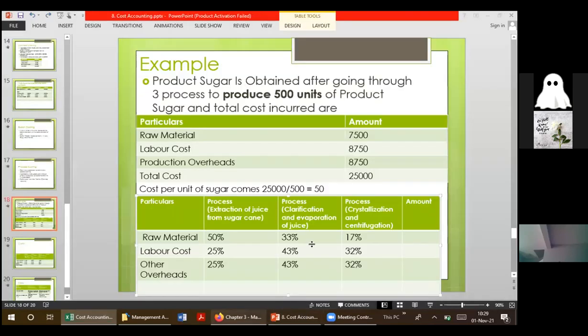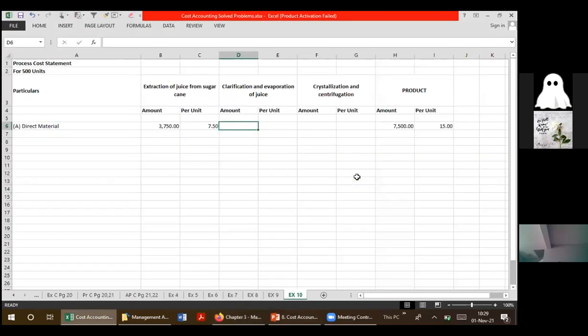Then about process 2, it says process 2 raw material is 33%. So this will be 33% of total product. So multiplied by 0.333 or 0.33 because it is 33%. So I do it like this.